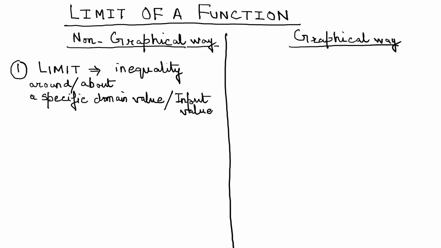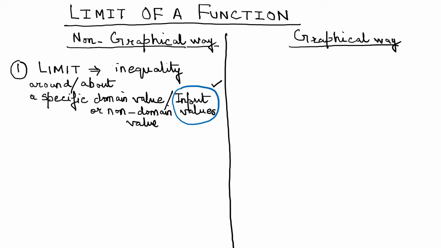So when we are saying this, we are basically talking about limit around or about a specific domain or non-domain value, which is why we are trying to make it look like a very generic one for all, or that in specific input value or values. So this is important.